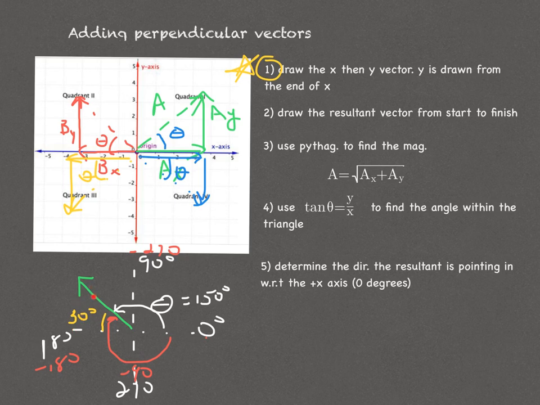You have 180 plus 30, which gives you 210 degrees, but it's negative. Right, so this theta here would be negative 210 degrees. Now, that green arrow is pointing at 150 degrees or negative 210 degrees. And they are the same direction. So no matter whether you turn this direction or this direction, you will always be pointing in the same location.